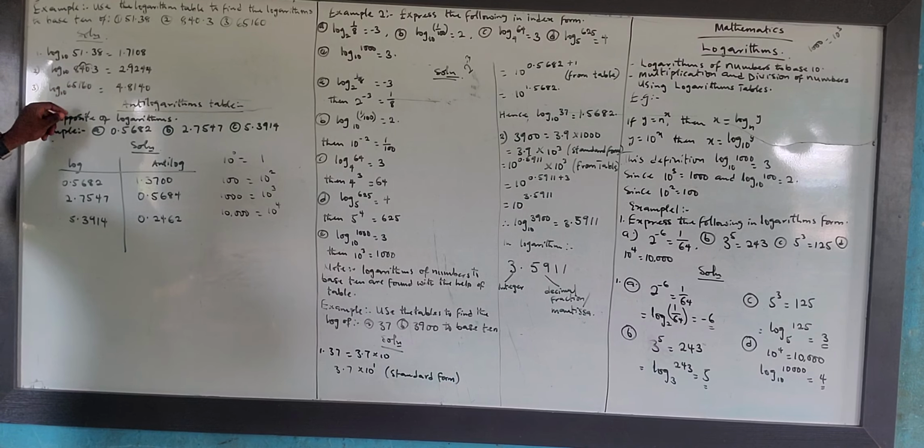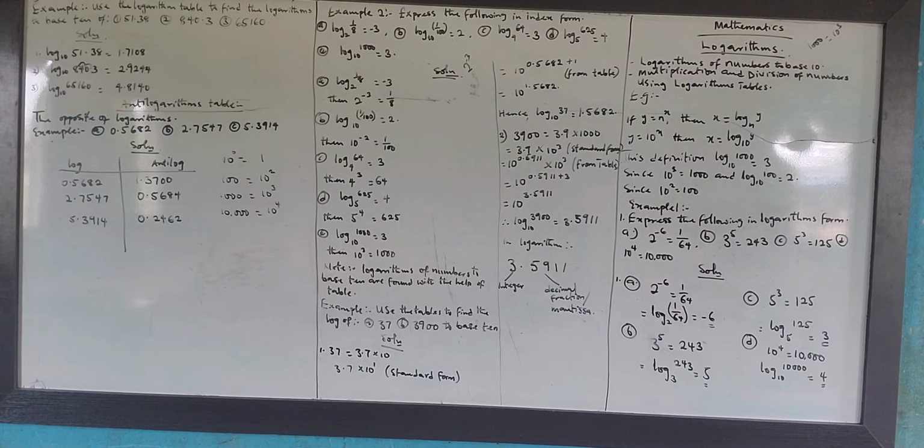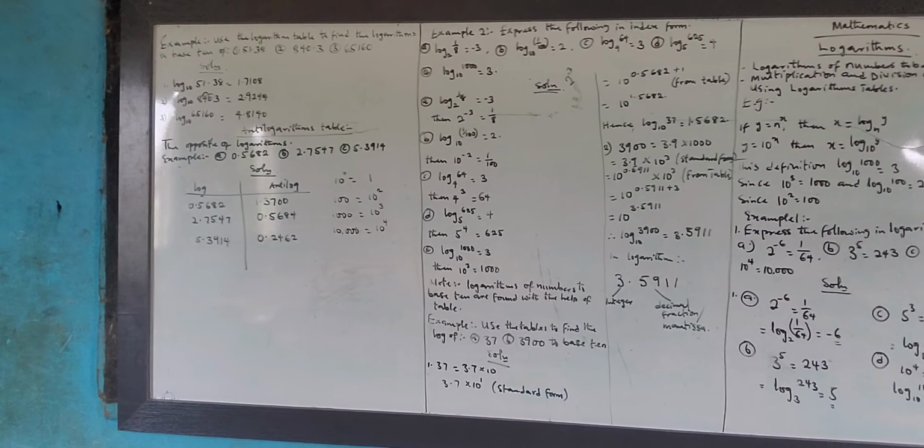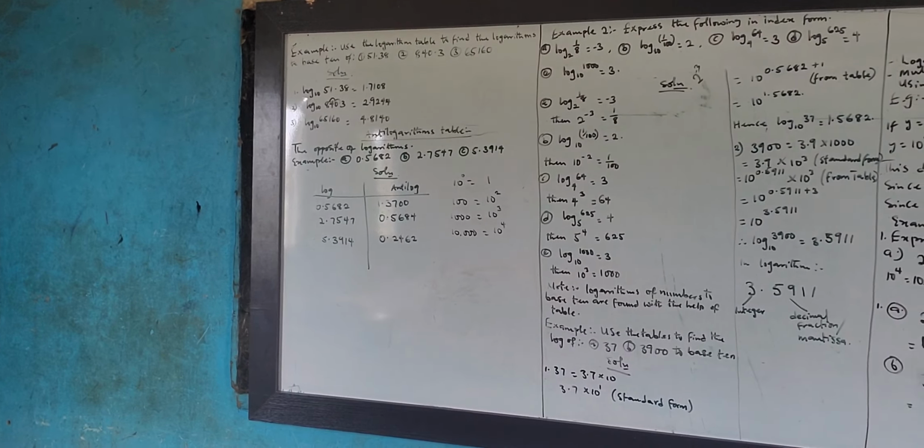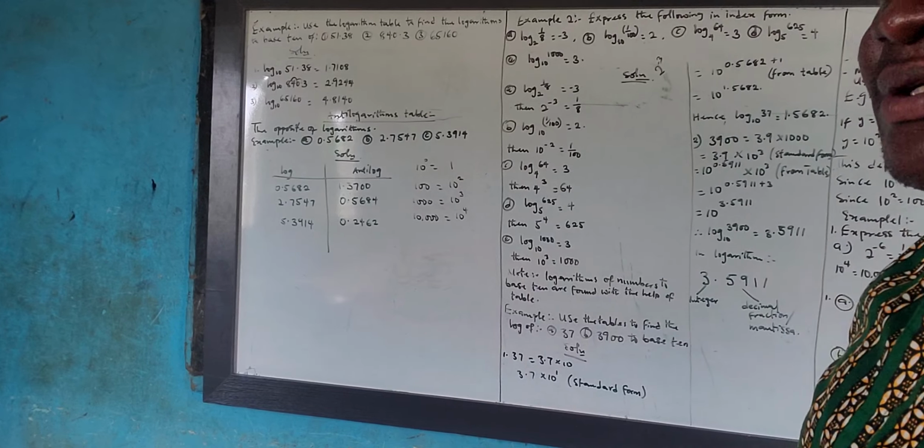Now, the next step is known as anti-log. If we are talking about anti-log, we are dealing with the opposite of a logarithm.